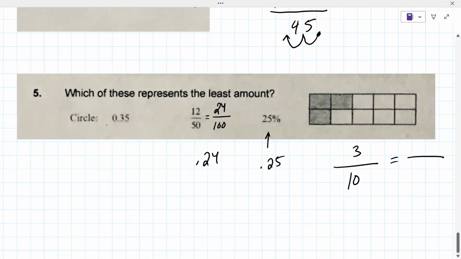Okay, so we want to go to a decimal. So 3 out of 10, times 10 over 10, is 30 out of 100, so 0.30. Yes. So now, which is the least? Twelve fiftieths, that one, yeah.